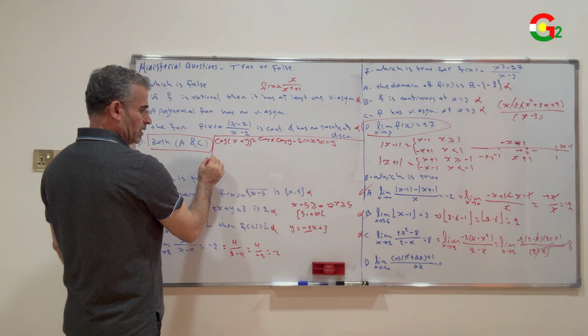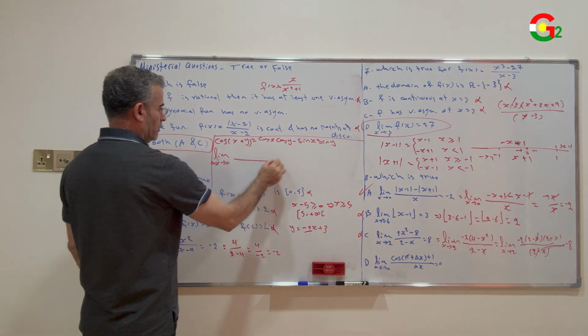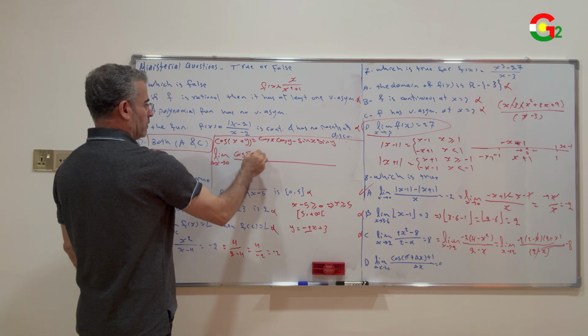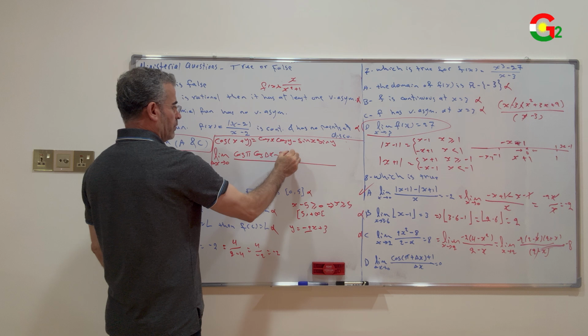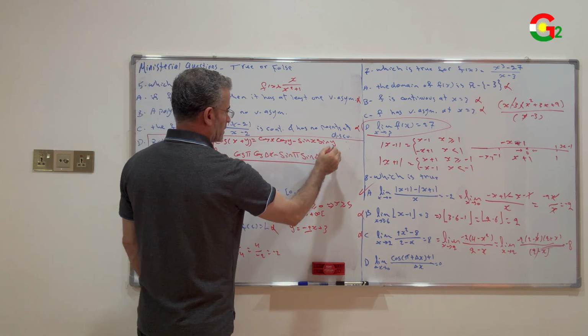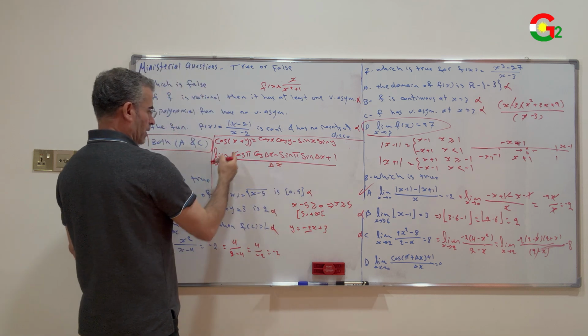The limit will be the limit as delta x approaches 0 of cosine pi cosine delta x minus sine pi sine delta x plus 1 over delta x.